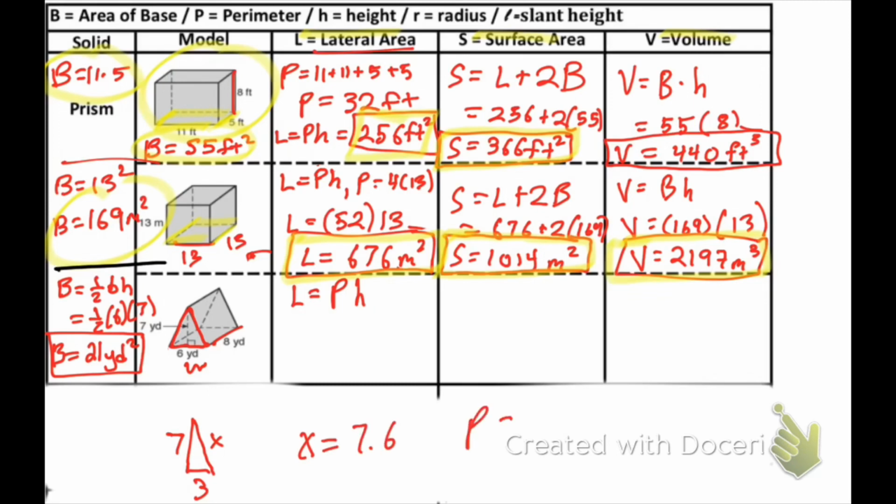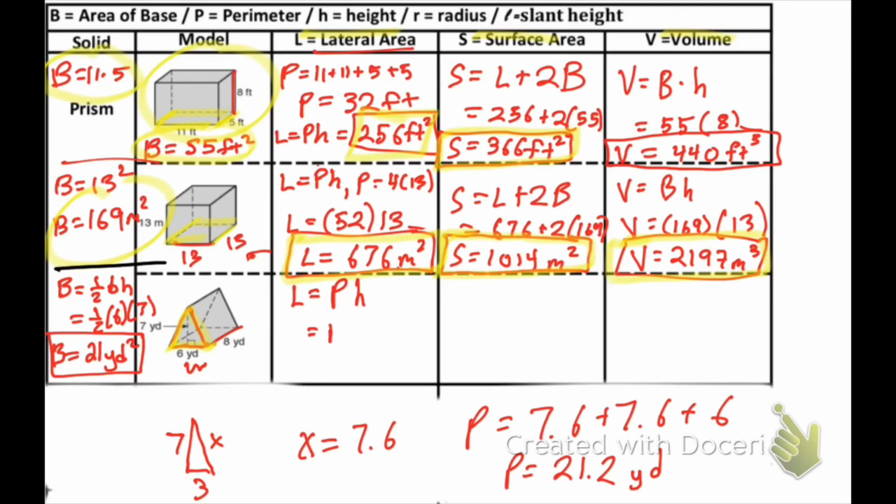So the perimeter of my base is equal to 7.6 plus 7.6 plus 6. And that gives me, perimeter of the base is, let's see, 21.2 yards.